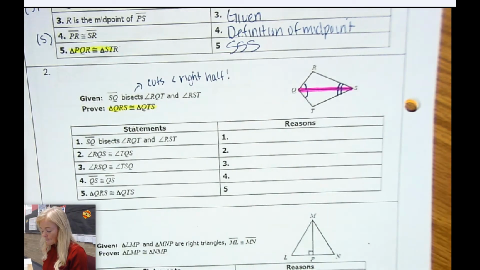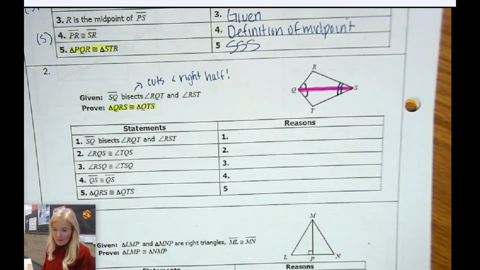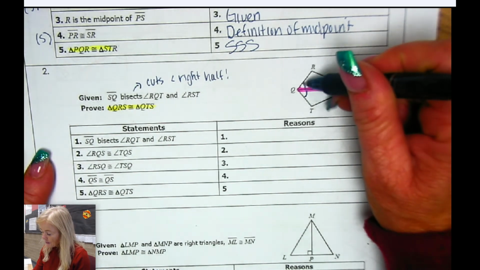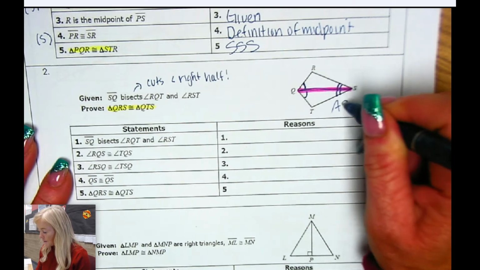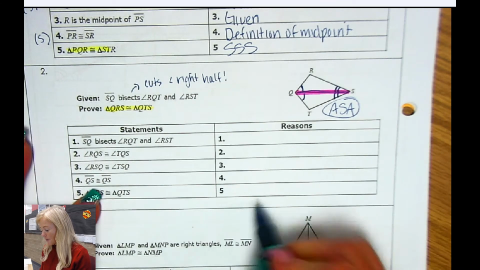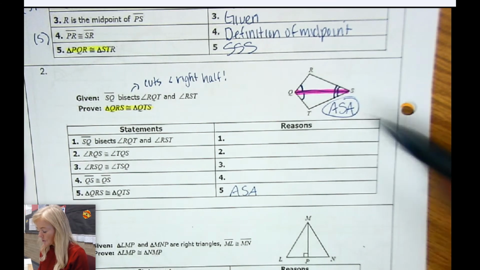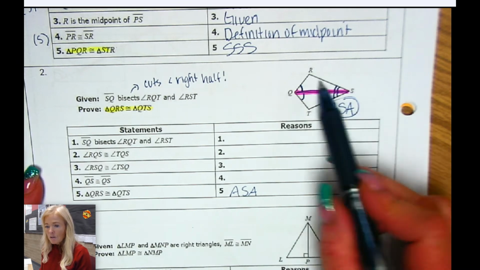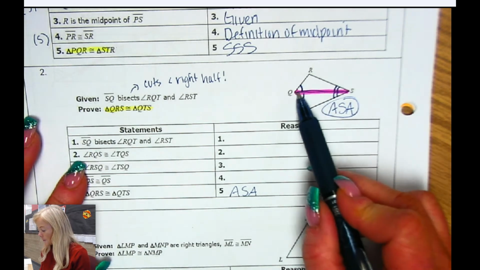We have our 2 bisected sets of angles that are bisected by that segment QS. All right, so now that I have it all marked, I've analyzed and I see that I have an angle and then a side and then an angle. So that's going to be angle, side, angle. That will be our theorem that will prove that the 2 triangles are congruent. Now I have to make sure that I state these 2 angles are congruent, and this side is congruent.